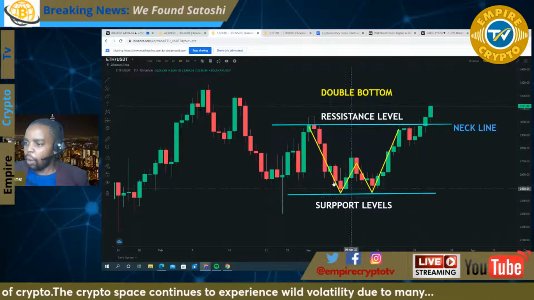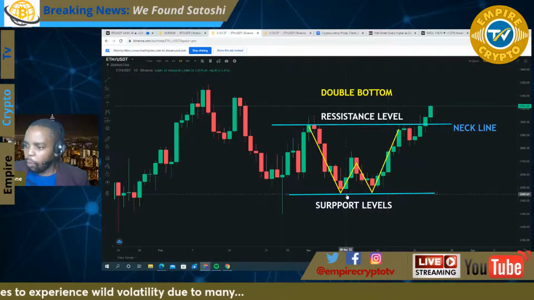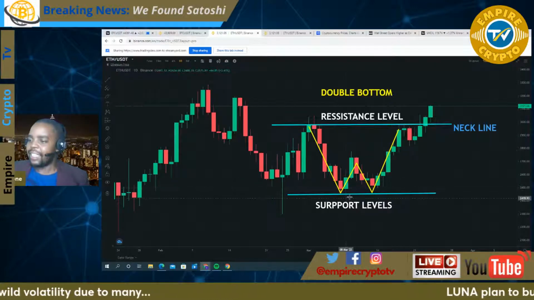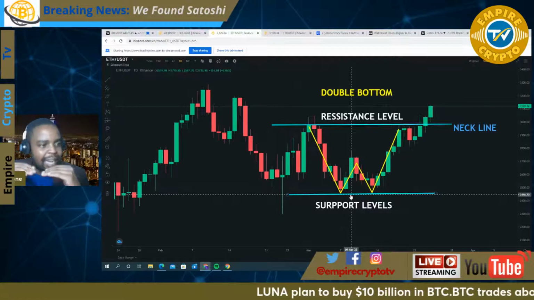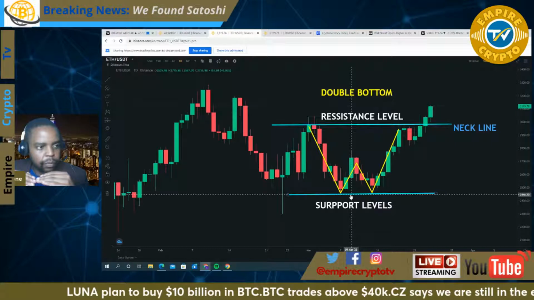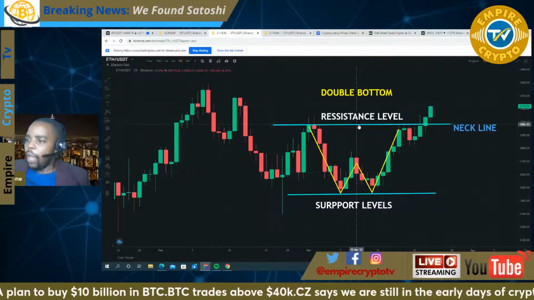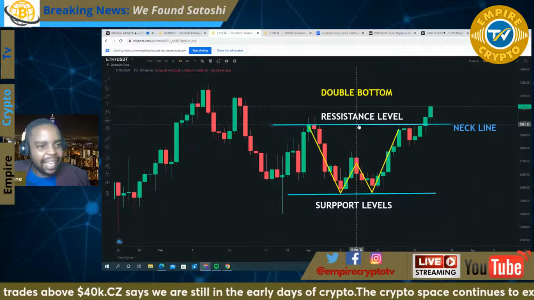This is the first bottom, and this is the second bottom. Where there is a first and a second bottom, this is equal to your support level. And then when you have your resistance level right there, it is also known as the neckline.